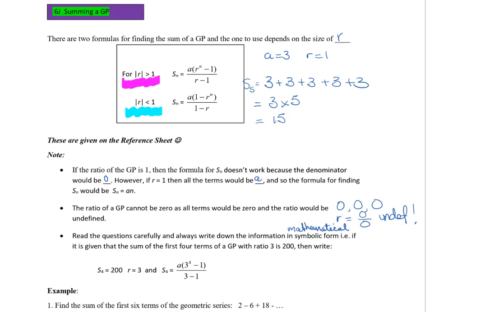Okay, so just for example, it says, if it is given that the sum of the first 4 terms of a GP with ratio 3 is 200, then you can see what I've said to write. To me, this question is very heavily worded. It's got a lot of words. It's got 2 numbers, but that's as much as it looks like maths.